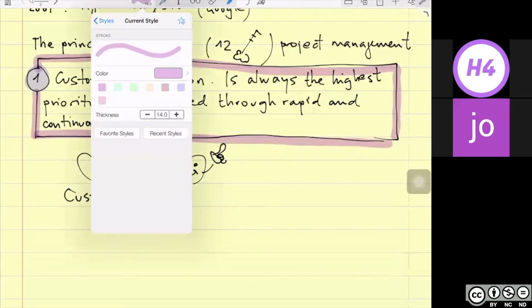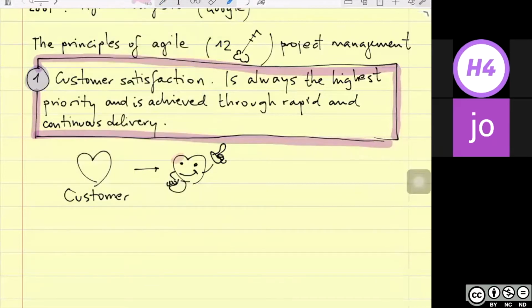Maybe with the pictures you can remember it better. I paint the customer with a heart because you remember our customer has a tag time, okay? Tag time. This concept of tag time is important. So this is principle number one. Any questions, please?